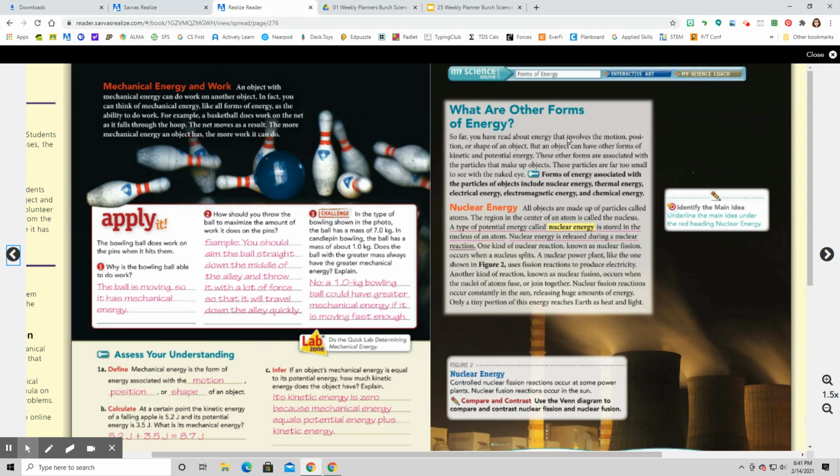And the reason that they lump these together in the rest of the section is because you can't see the mechanics of this as easily as you can a ball hitting bowling pins. With mechanical energy, you can often see the whole object transferring its energy: you pedaling your bike, you shooting the basketball.